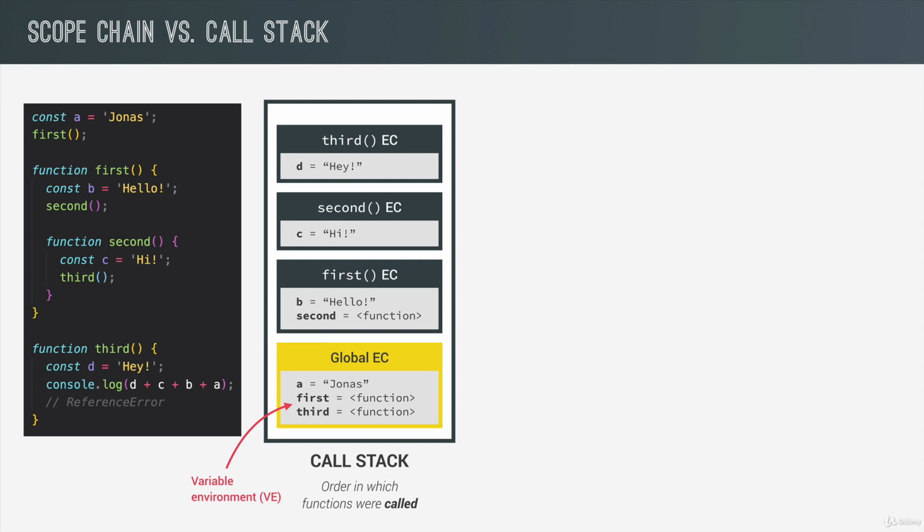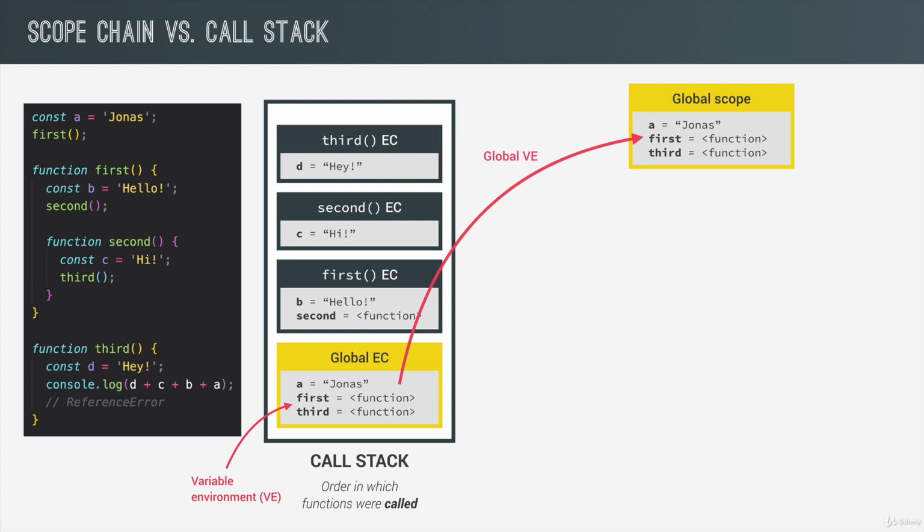Okay, and now that you did that, and we have all these variable environments in place, we can actually start building the scope chain. As always, we're going to start with the global scope. And the variables available in the global scope are exactly the ones stored in the variable environment of the global execution context.